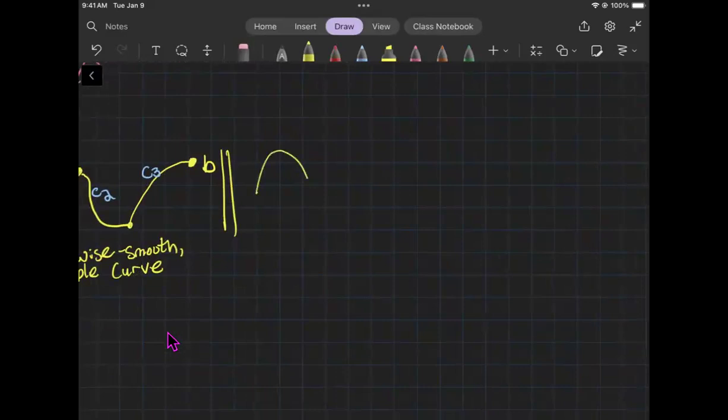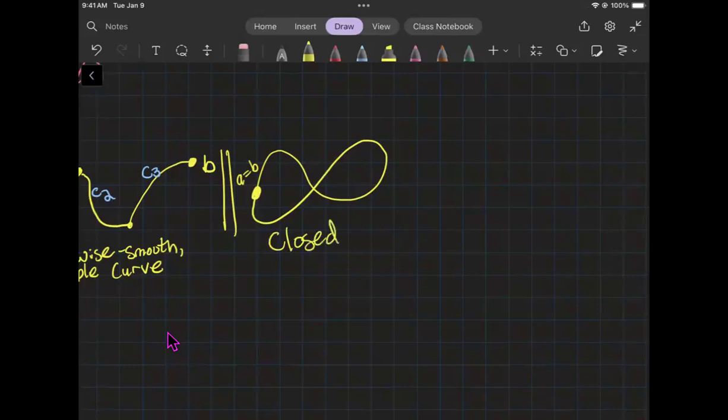If I have a curve that looks like this, on the other hand, where A equals B in this case, this is what's called closed, but not simple.